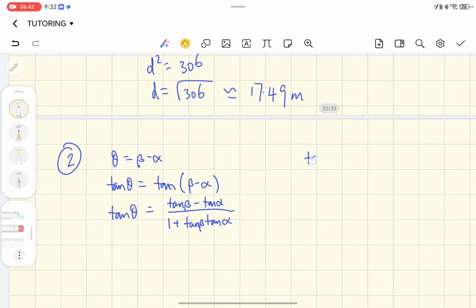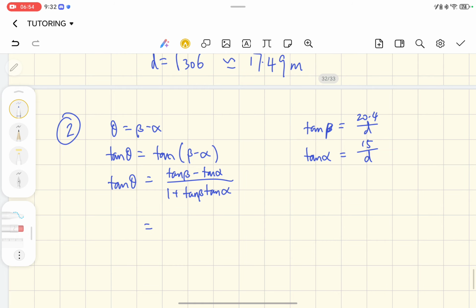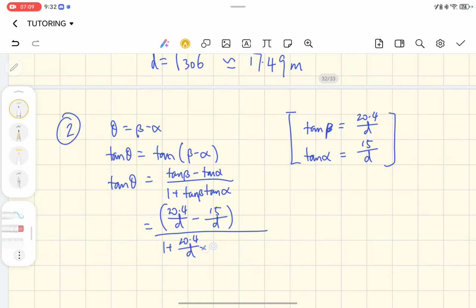Remind ourselves, tan beta is equal to 20.4 over d, and tan alpha is 15 over d. Just sub in the values from here. We'll get 20.4 over d minus 15 over d, all over 1 plus 20.4 over d times 15 over d.